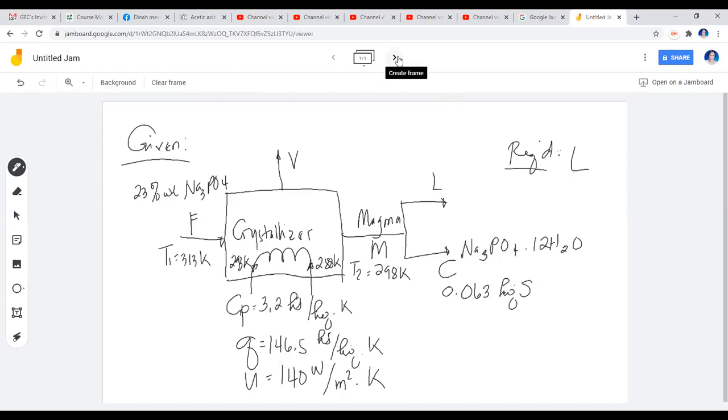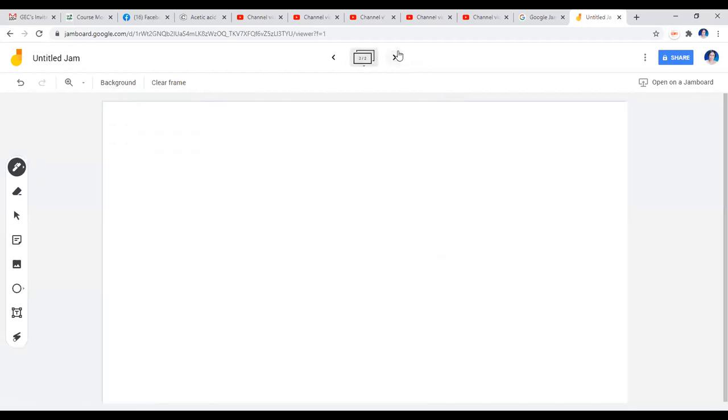Since so far you've only learned heat transfer, if I will ask you what formula will point you to the length of the crystallizer, you have learned that formula because it's a standard formula for heat transfer. What do you think is that formula?